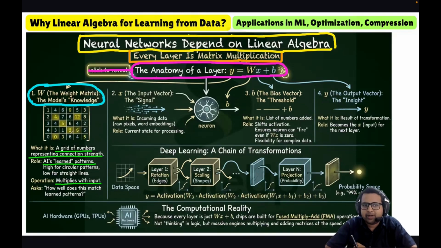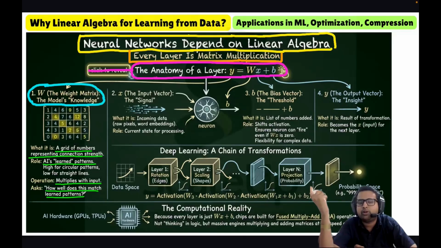Matrix multiplication of W with the vector x is basically equivalent to asking the question, how well does this match learned patterns? We compare the result of the multiplication with the ground reality. If it is close to the ground reality, the model's knowledge is accurate.